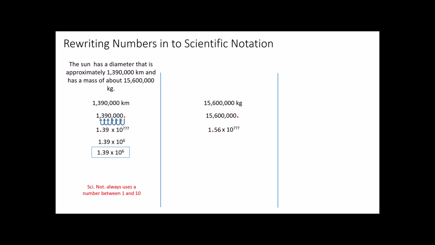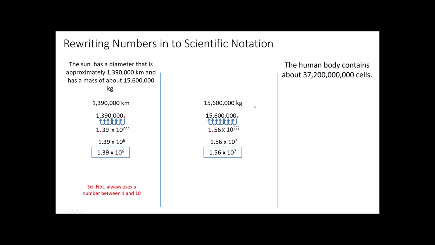The question is how many? And that goes to how many places that decimal has to move. If I move it once, twice, 3 times, 4 times, 5 times, 6 times, if I were to move that decimal 7 times, I could turn a 1.56 into a 15.6 million, or 15,600,000. And that's your solution. Let's do one more.